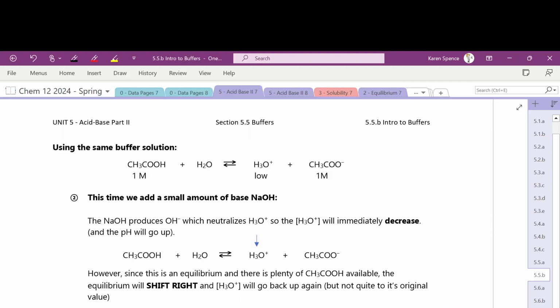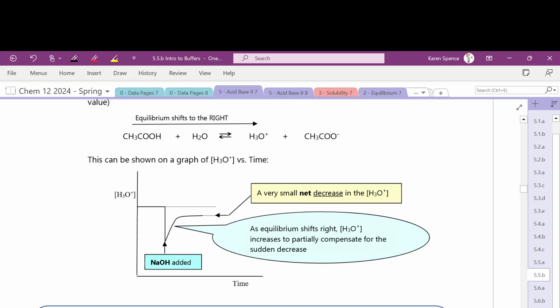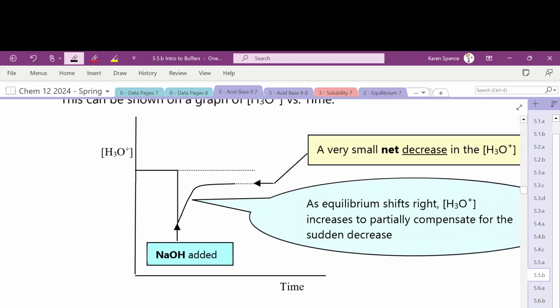Same buffer solution, we're adding OH. We've already talked this through, but you can see when we added our NaOH, the H3O plus dropped. But it shifted and we got more of the H3O plus being made as the equilibrium shifts to the right.